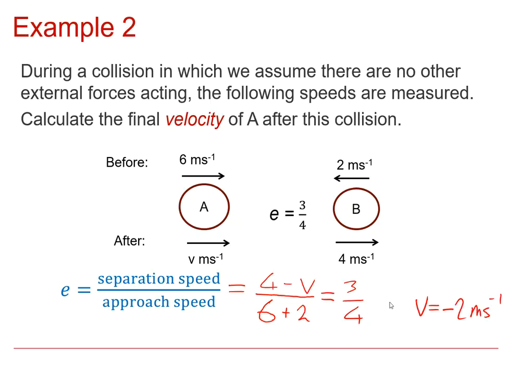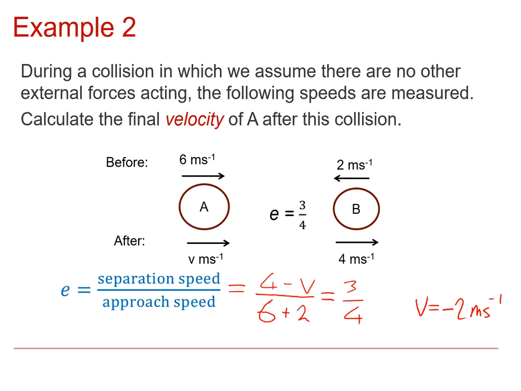In other words, this object, even though we've drawn an arrow to the right, we now know that that is a negative number, and so if we were redrawing the arrow, we're going to the left with a value of 2 meters per second, because it's travelling 2 meters per second to the left.